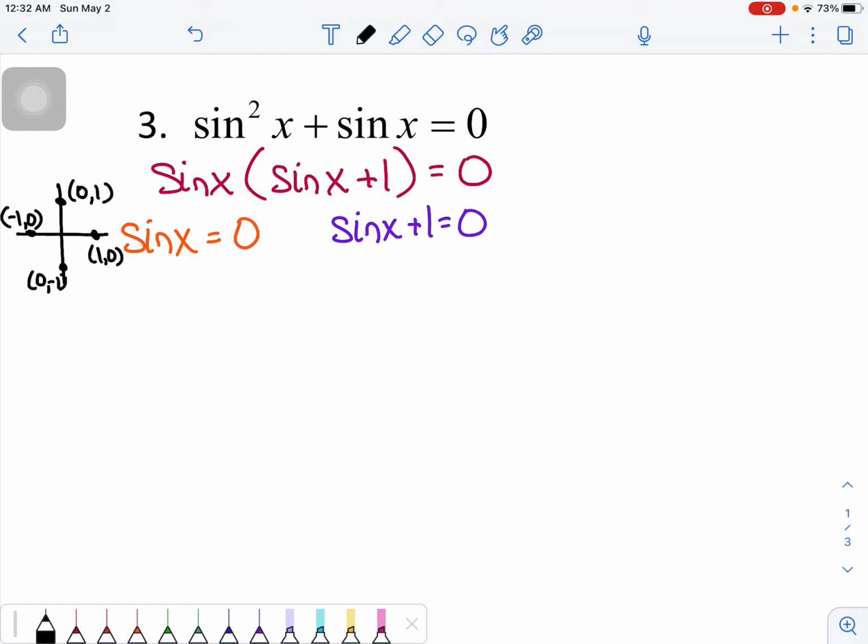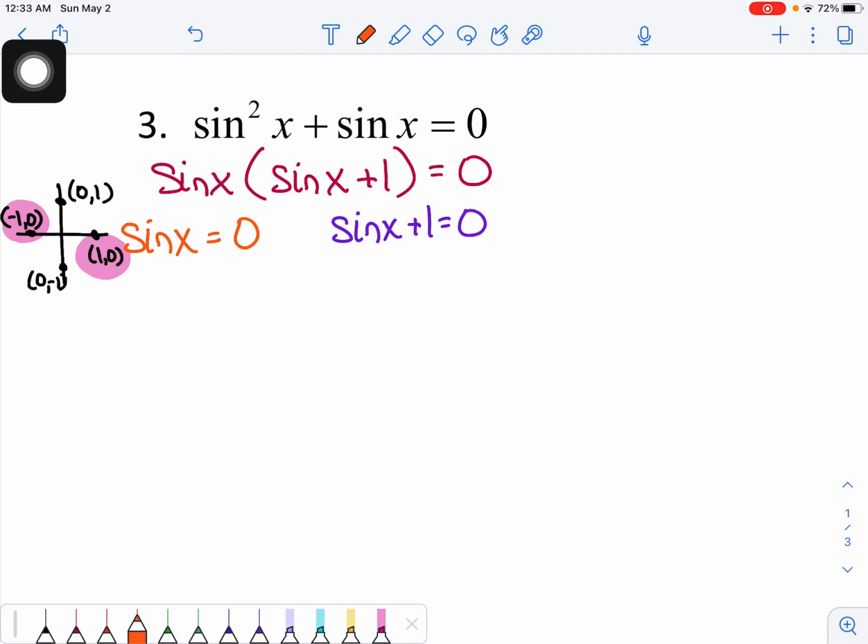So if I look at these, I've got zeros in all of them, but only 2 of them have a sine value of 0. Remember, every ordered pair is cosine, sine. So this ordered pair right here and this ordered pair right here are the 2 that have the sine value equal to 0.